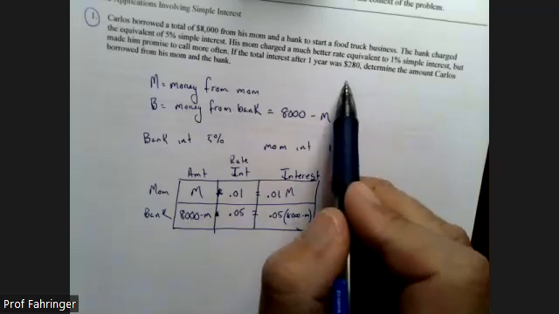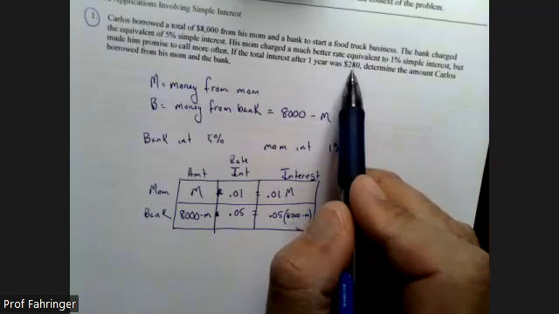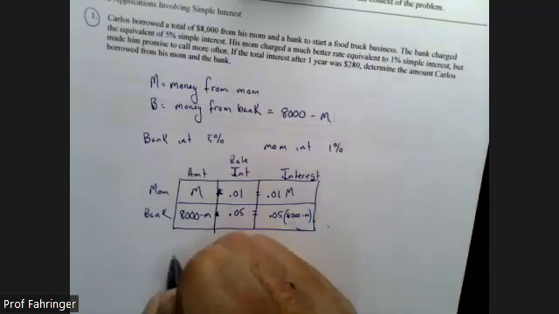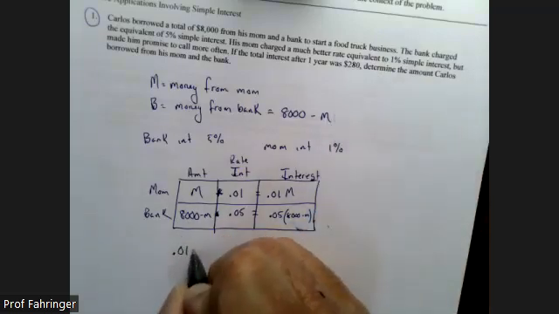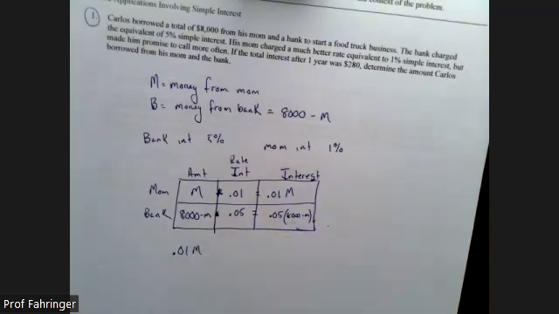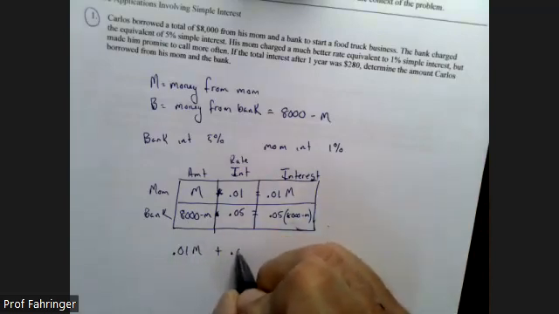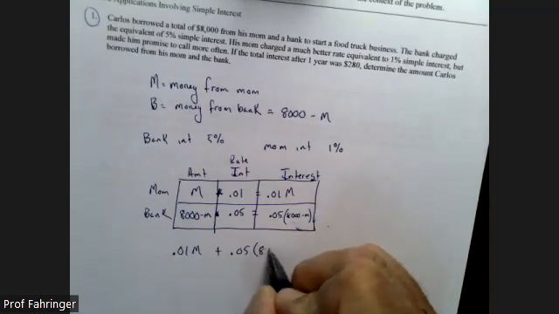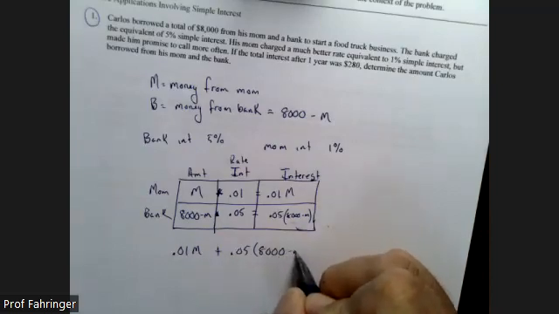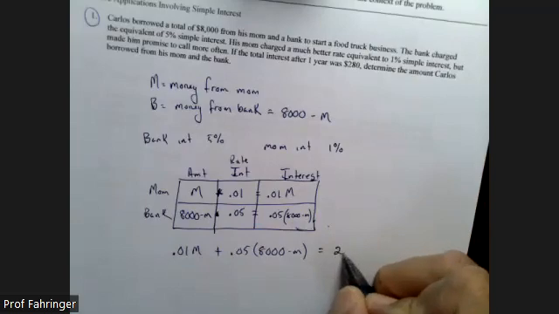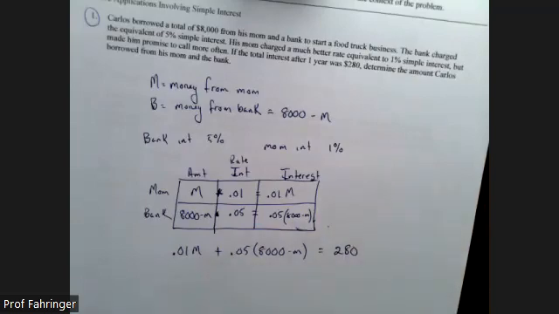Well, I do know the total interest for 1 year is $280. So it's going to be the interest that I paid dear old mom plus the interest that I paid the bank. And I know that has to equal $280.